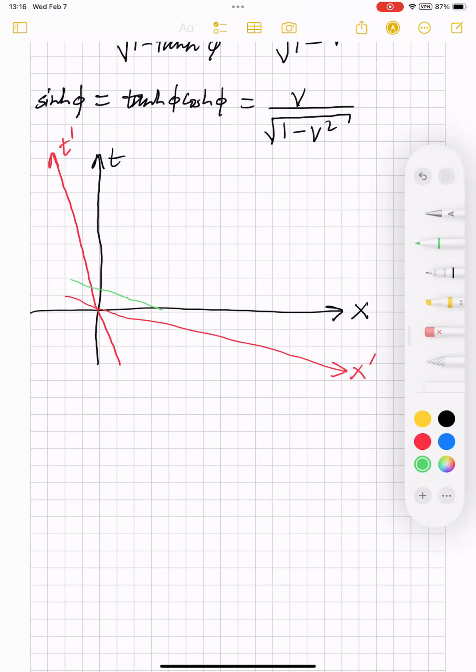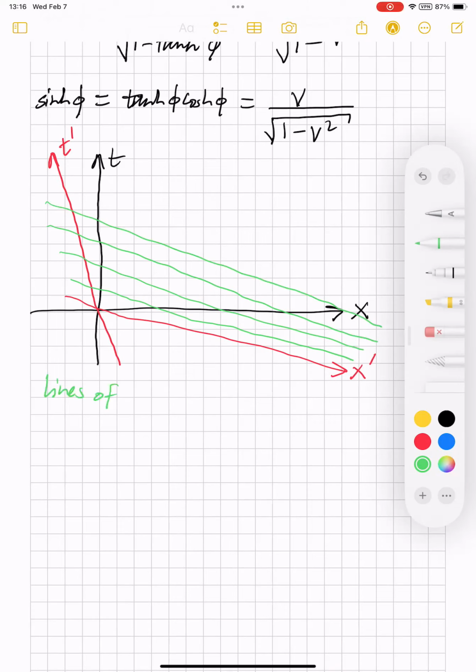But if I draw any line parallel to the x prime axis, sorry, my drawing's not great, but these are all lines of equal t prime. So for all of these lines, you would say these are all happening at the same t prime. Okay? Now I want to show you what happens if cause and effect are space-like separated.